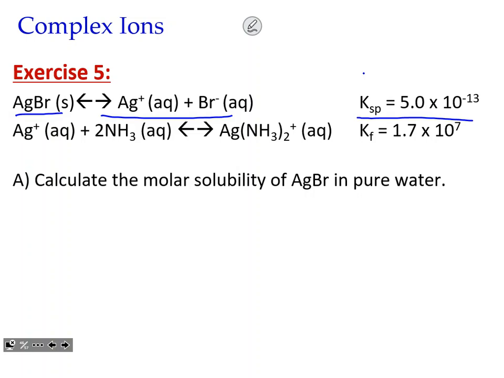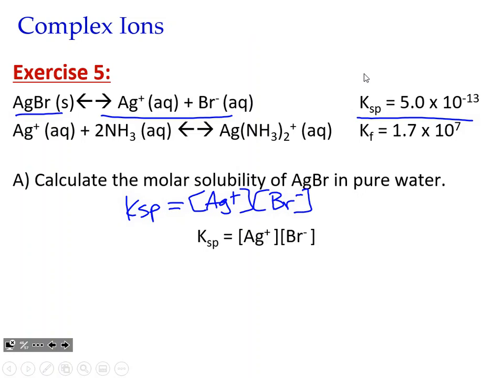Now, all we have to do is plug it in and write out your expression. Ksp equals the silver times the bromide. So yeah, write out your Ksp expression.